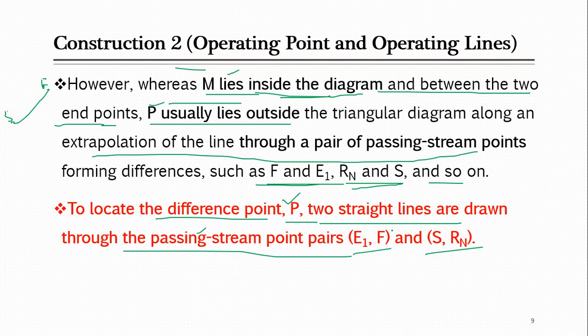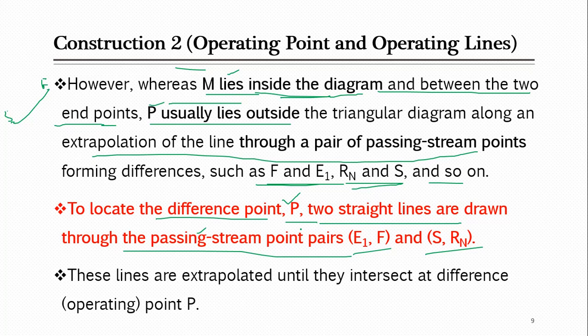These two lines are extrapolated until they intersect each other, and that intersection point will be the operating point. So up to here just remember that M lies inside the diagram, but P can lie outside, and most of the time it is outside the diagram.